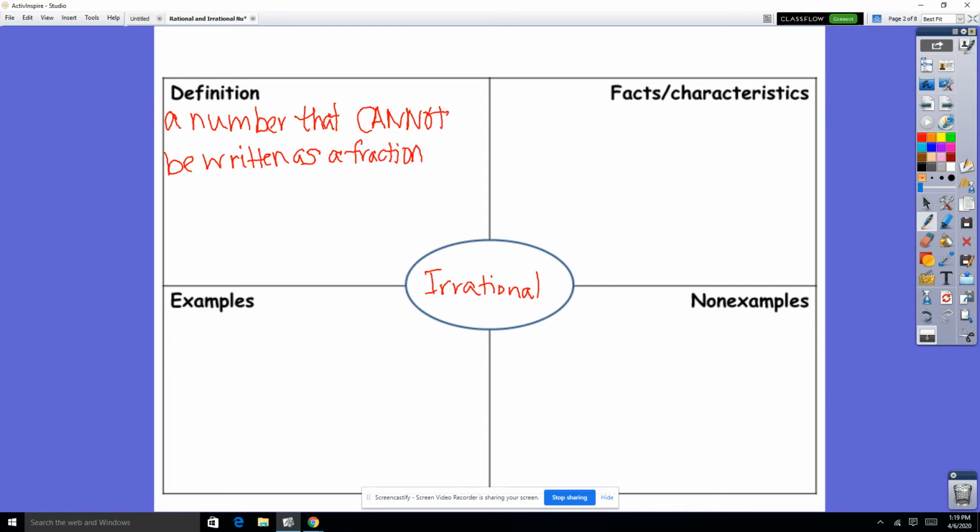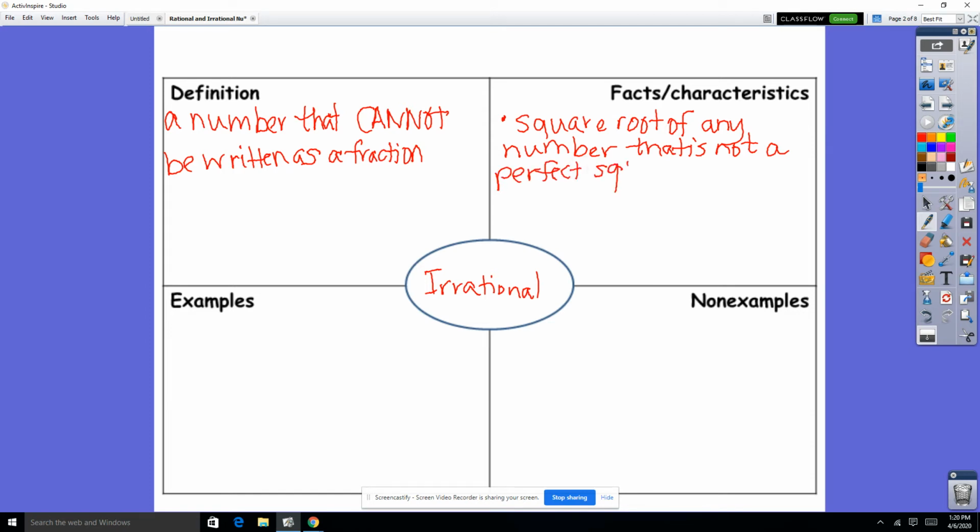Examples of numbers that are irrational are the square root of any number that is not a perfect square.